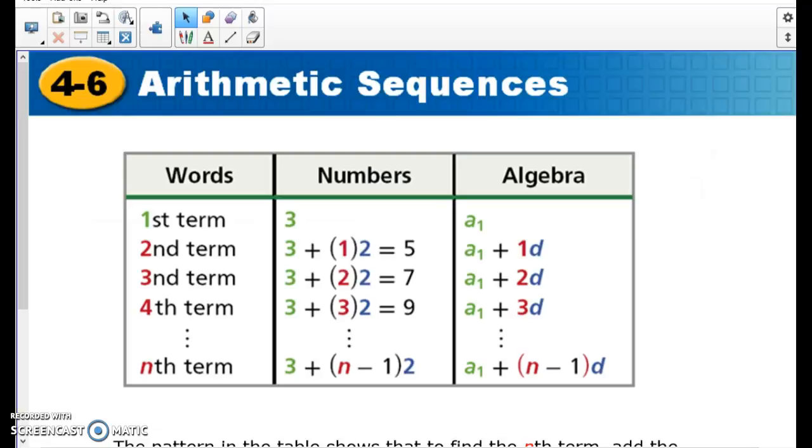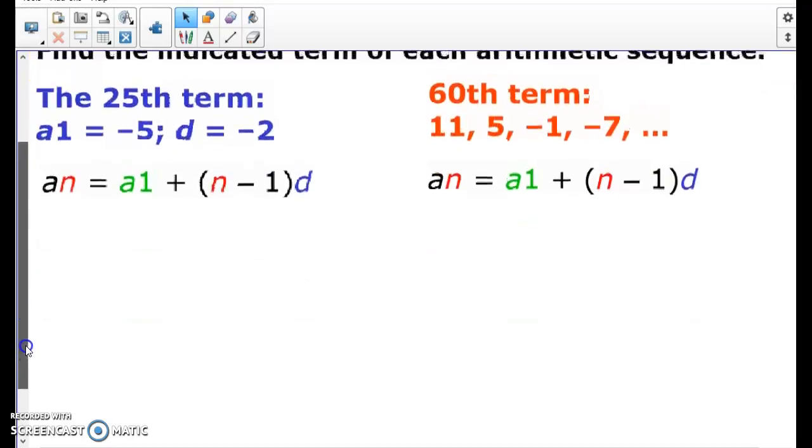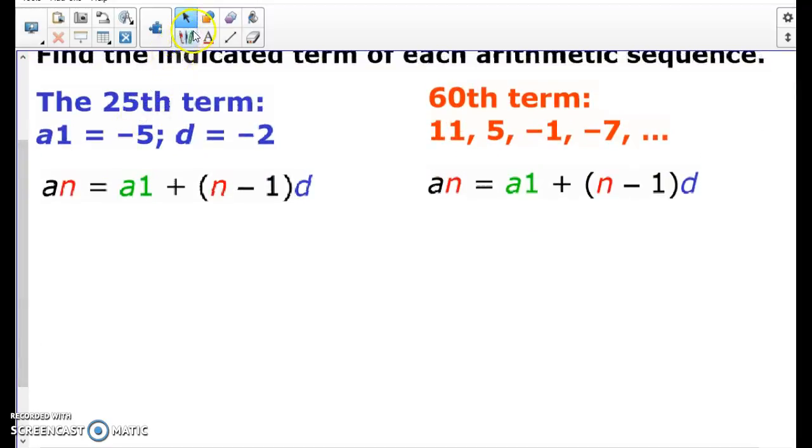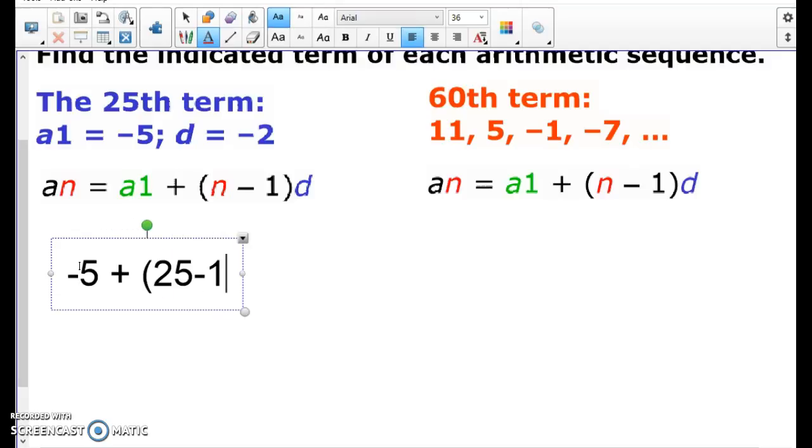So if I wanted to find one like this, I'm trying to find the 25th term here. My a1 is -5, plus my n, so it's going to be 25. I'm trying to find the 25th term.